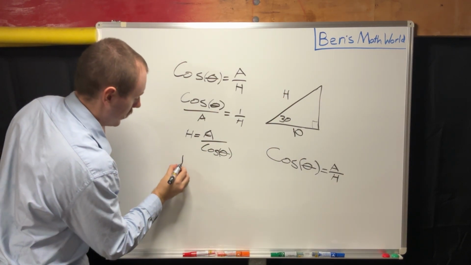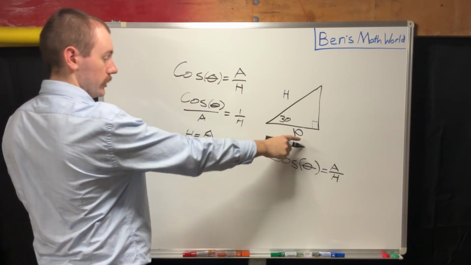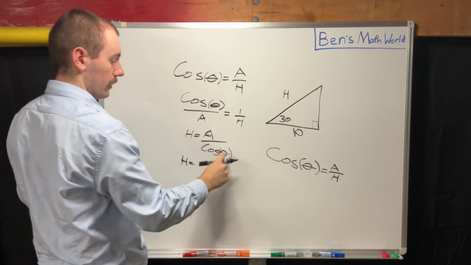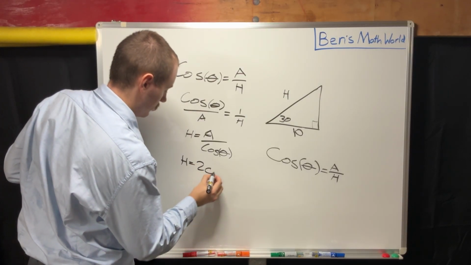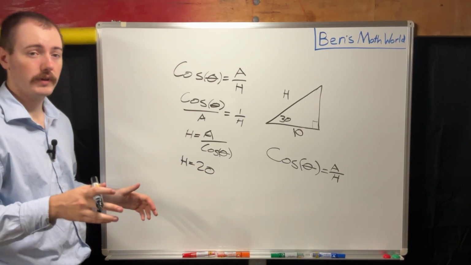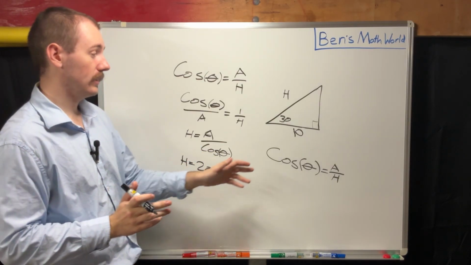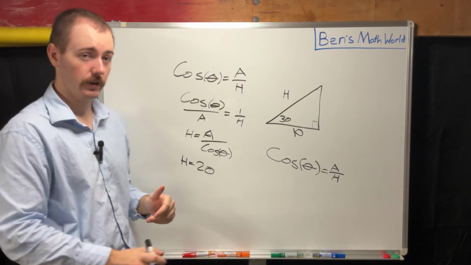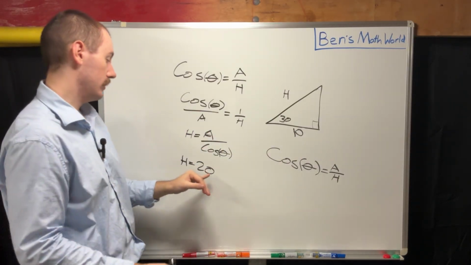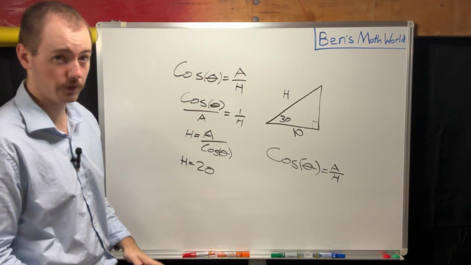So h equals, and we'll just plug the adjacent into here and the theta into here, and we get an answer of 20. Okay? Now don't forget when you're doing these questions, if you have some kind of unit of measurement that's attached to your lengths, you really need to be writing that at this point. Okay? So if this was 10 meters, this would be 20 meters. If this was 10 centimeters, this would be 20 centimeters. Okay? Don't forget that, please.